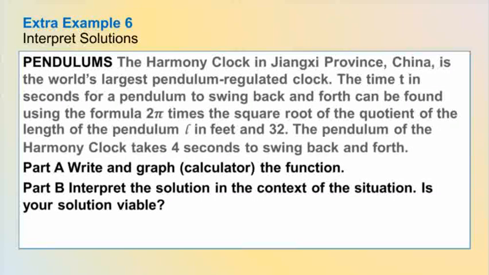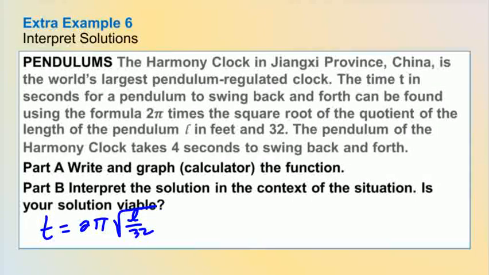So the first thing we need to do is come up with our function. And it says the time t in seconds for a pendulum to swing back and forth can be found using, so we're going to have t using 2 pi times the square root of the quotient, so the square root of a division problem, the length L divided by 32.